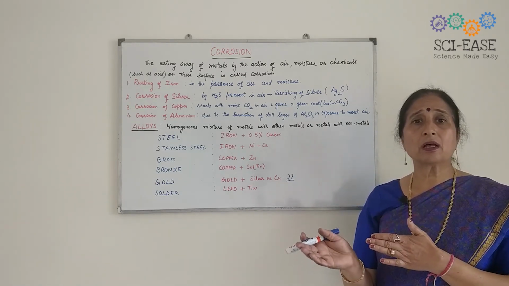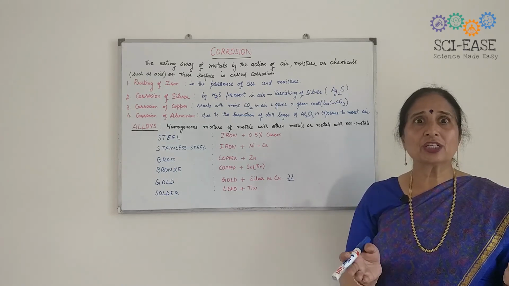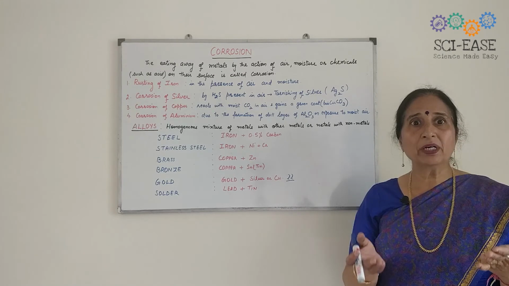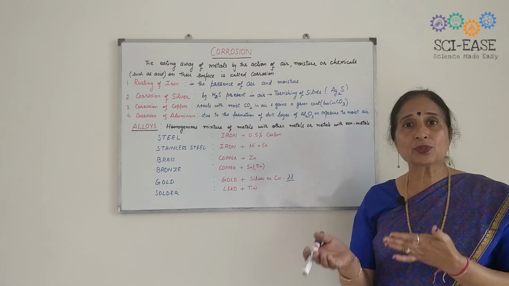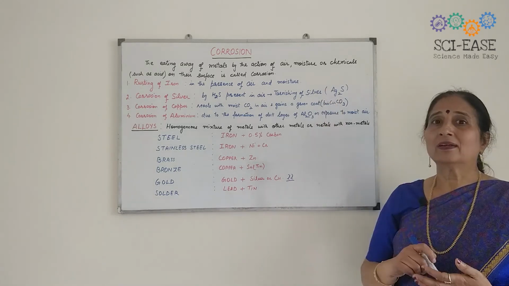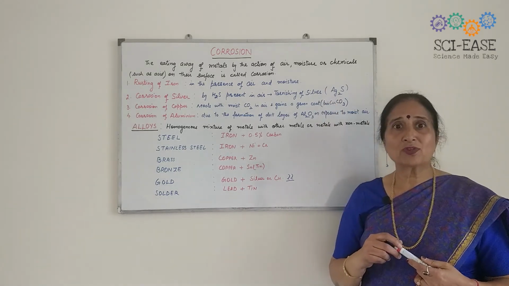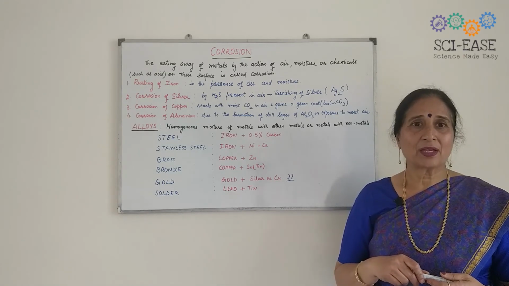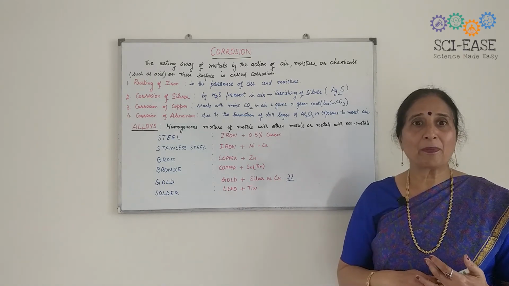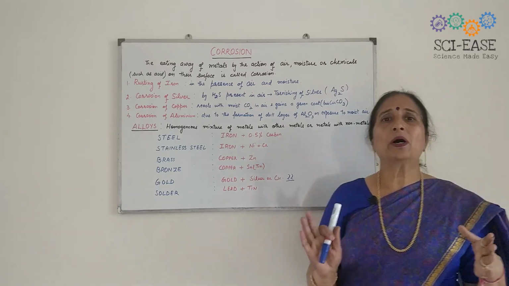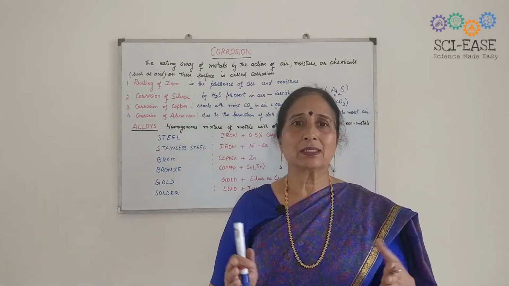Phosphorus, sulfur, nitrogen, oxygen. Oxygen we respire. It is used for burning and for breathing. Nitrogen is in the atmosphere, the main component of air, and it is also used for packaging. Aluminium is also used for packaging. So this is all about the uses of metals and non-metals.